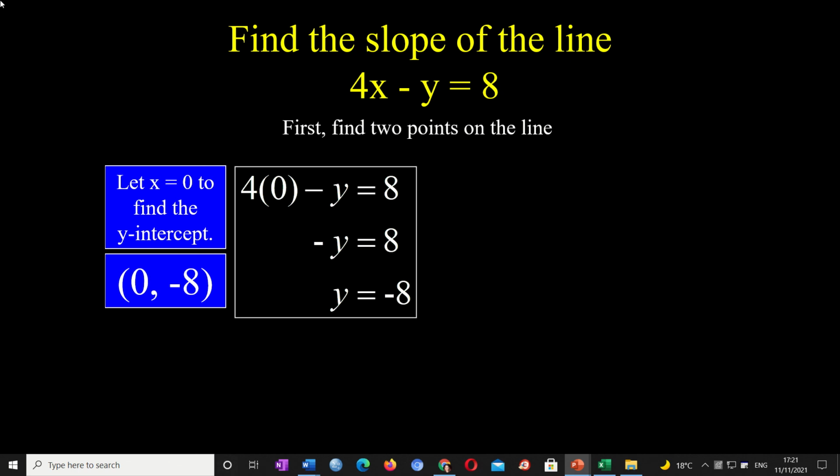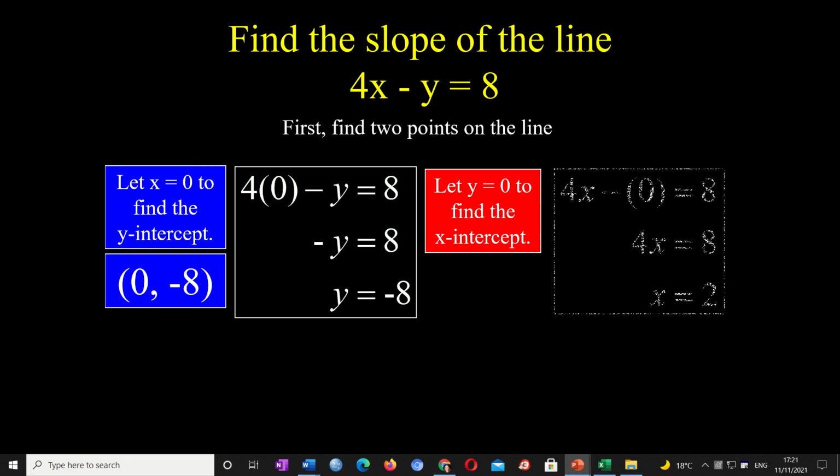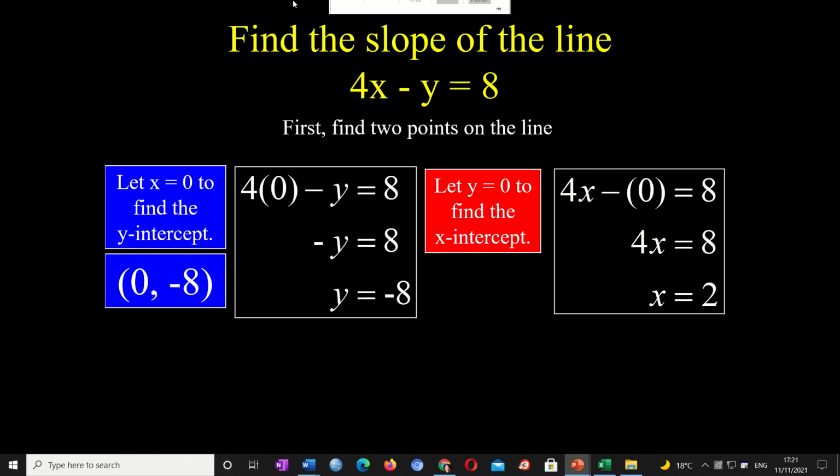So now, here we can let x equal 0. When we say x equals 0, we find the y-intercept, okay? When x is 0, we find the y-intercept. And when y equals 0 and we find a number for x, that's the x-intercept. Excuse me, is there something that you don't understand?